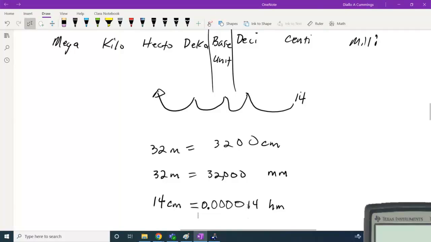You would actually read this number as 14 ten-millionths of a hectometer. You always figure out the decimal place of the last digit of your number, read it out, and then attach that. So this will be 14 ten-millionths. All right, if you had to read something like this.